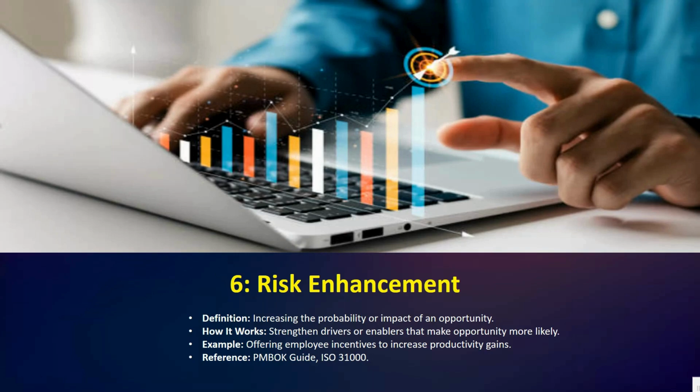This could involve allocating additional resources, improving processes, or adding incentives to drive more favorable outcomes. Here we have the example: offering employee incentives to increase productivity gain. Okay, so I hope this is clear.